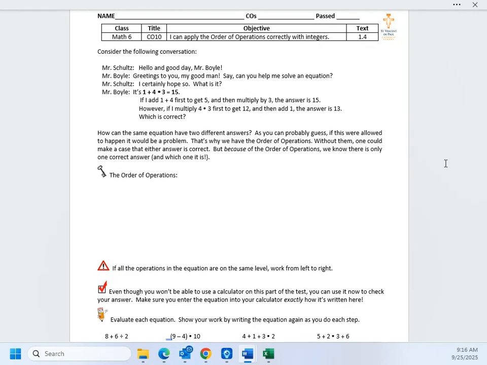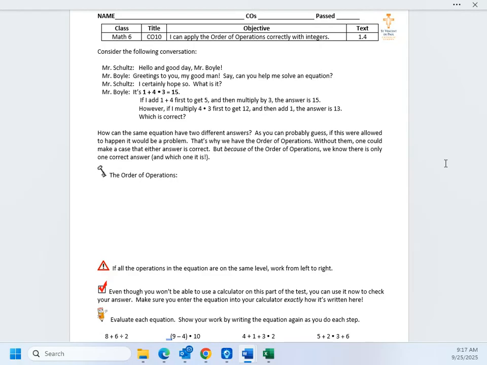All right, we're going to consider the following conversation. Mr. Schultz says, hello and good day, Mr. Boyle. Mr. Boyle says, greetings to you, my good man. Say, can you help me solve an equation? Mr. Schultz, I certainly hope so. What is it? Mr. Boyle says, it's 1 plus 4 times 3 equals 15.